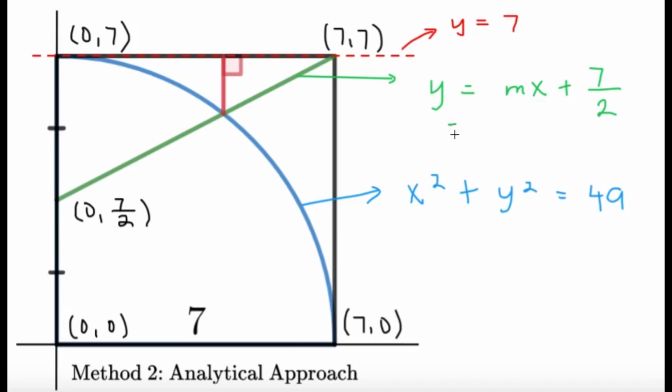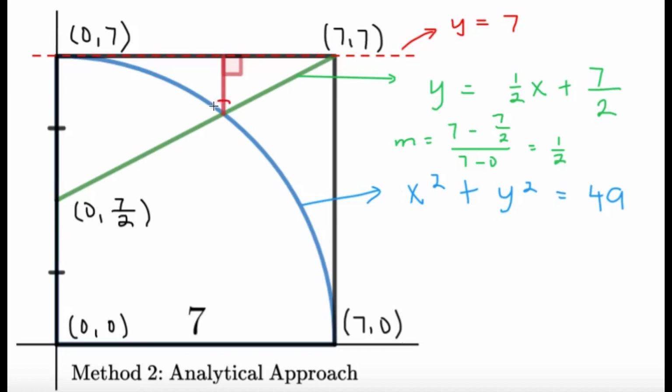So the slope m is equal to 7 minus 7/2 divided by 7 minus 0. If you work this out, we're going to get the slope to be 1/2. So the green line has an equation y equals 1/2 x plus 7/2, and the blue line has the equation x squared plus y squared equals 49.